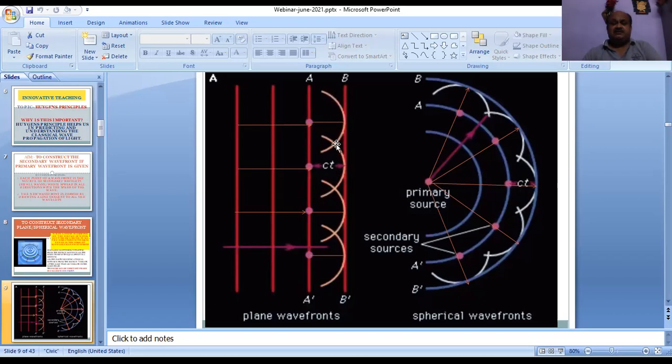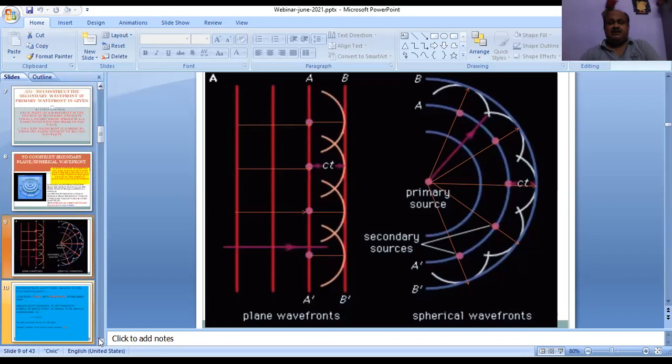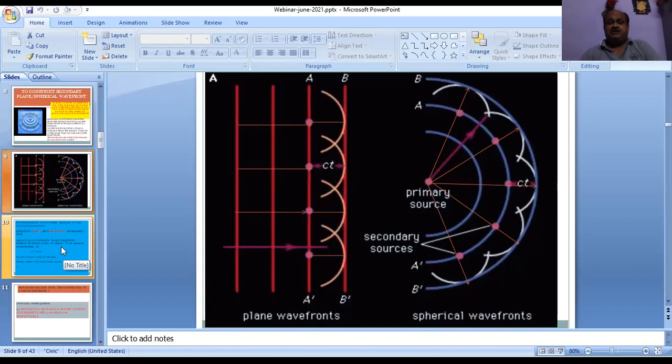I have taken the first arc, second arc, third arc, fourth arc in both cases, taking ct as radius. Tangents are drawn on the arcs, and when the tangents are enclosed, the enclosing surface gives the position of the secondary wavefront. So in both figures, B dash are secondary wavefronts: in the first case, a secondary plane wavefront, and in the second case, a secondary spherical wavefront.